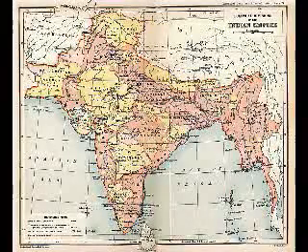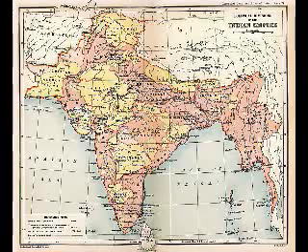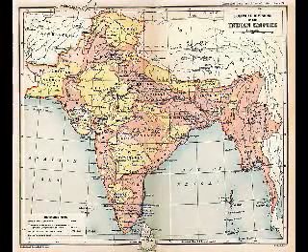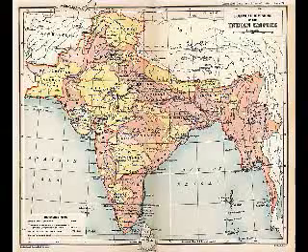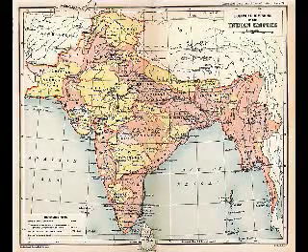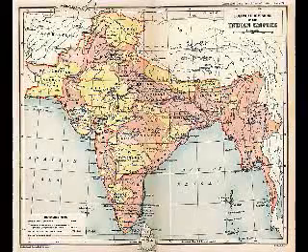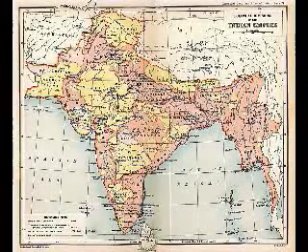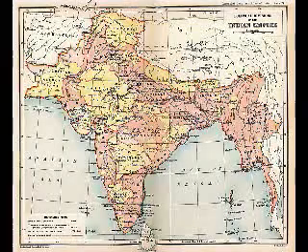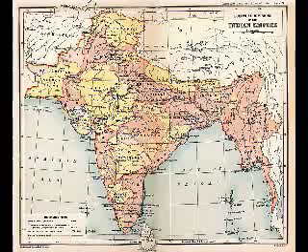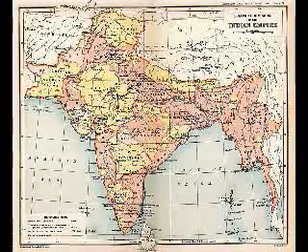Sir Charles Wood, Secretary of State for India, put forth the view that representative bodies were impractical in India. The British justified their inaction on the ground that India was not a nation.